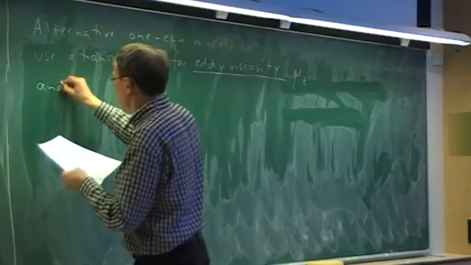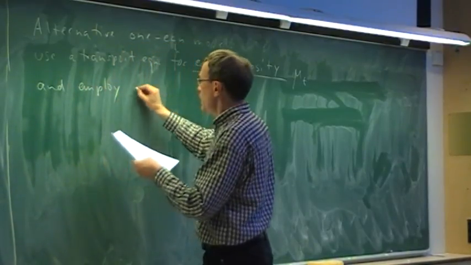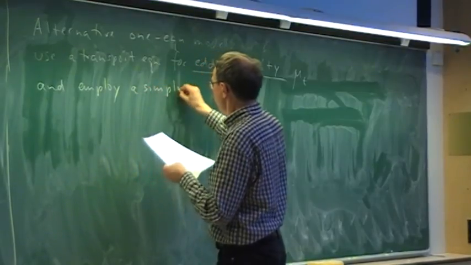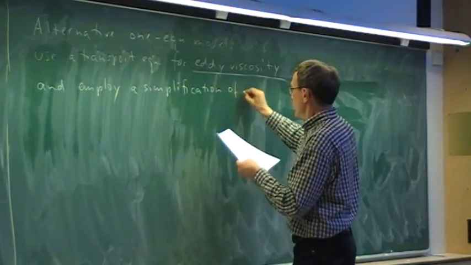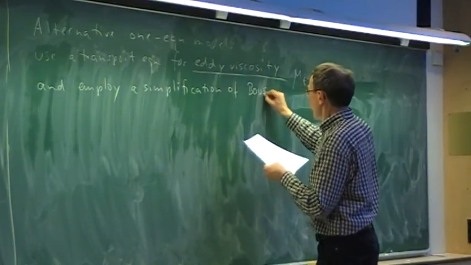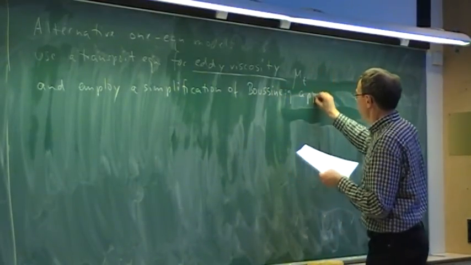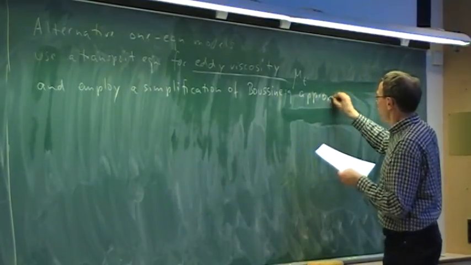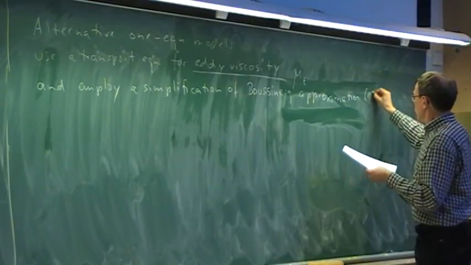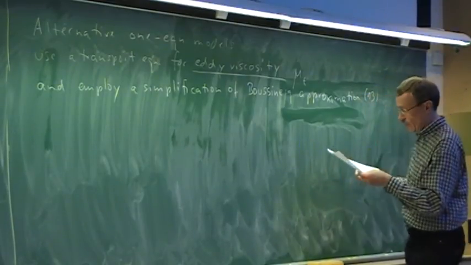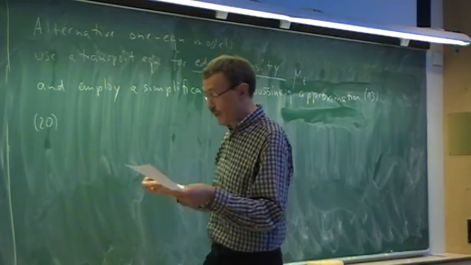And they employ a simplification of the Boussinesq approximation. That is equation 13, and the simplification is the following. It is used both for compressible and for incompressible flow.